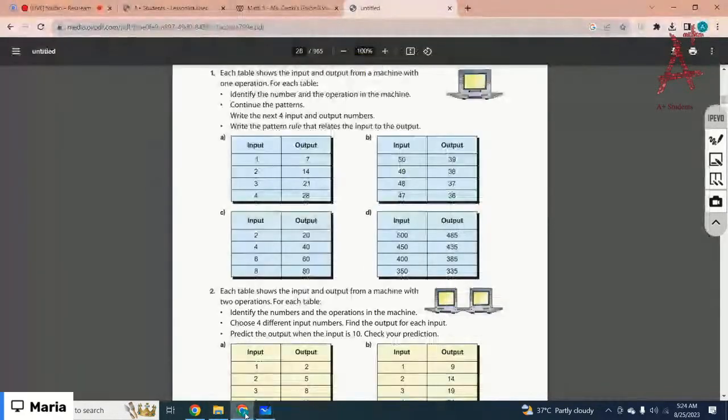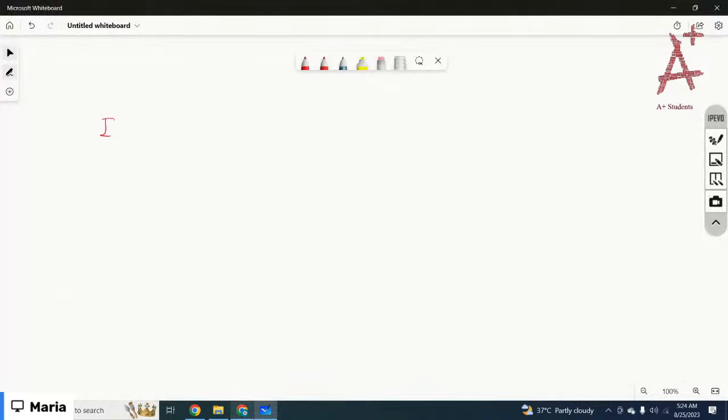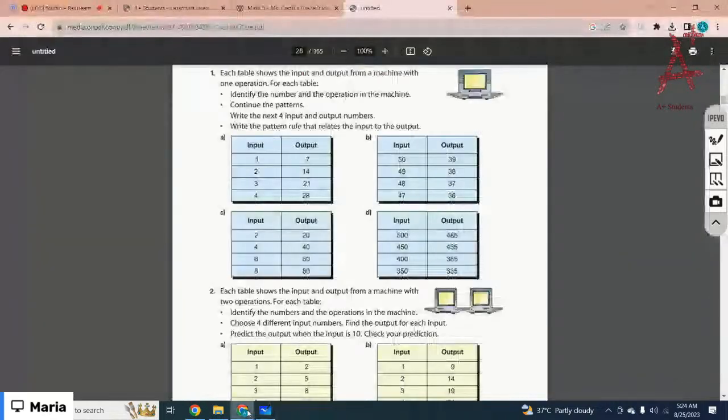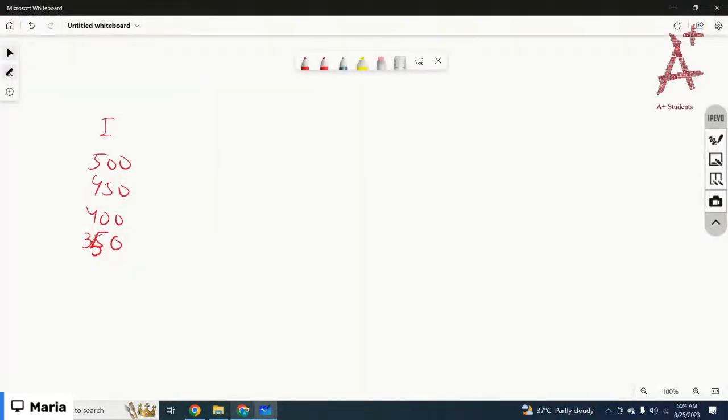D is input 500, 450, 400, 350. Okay, the output is 485, 435, 385, I think, and 335. Let me just confirm.